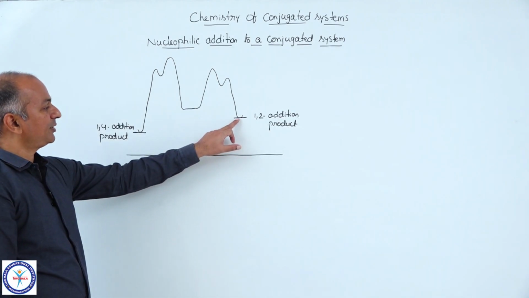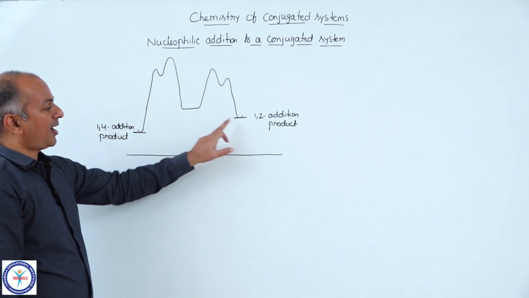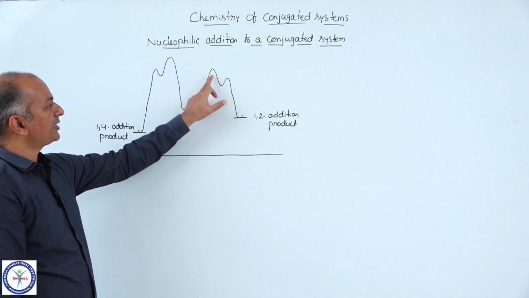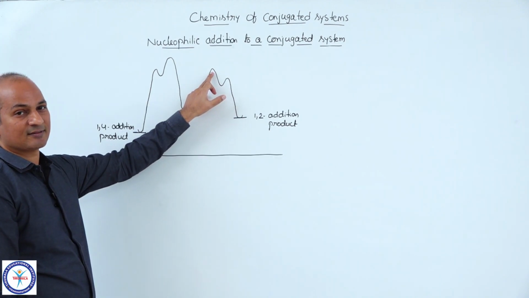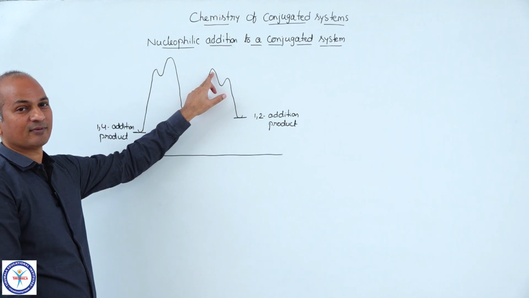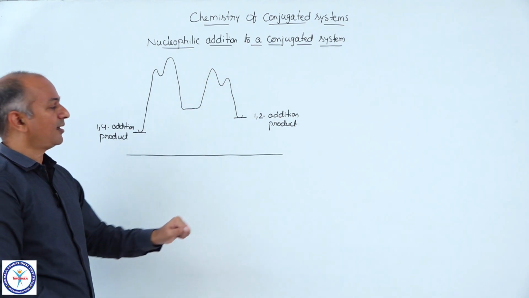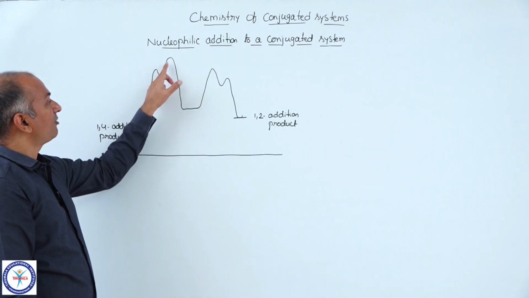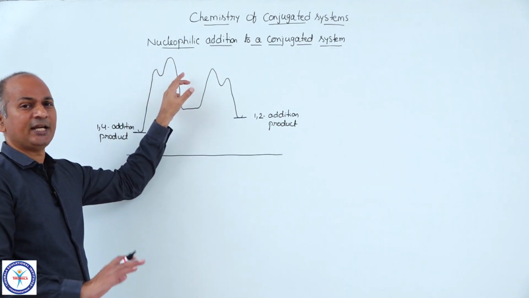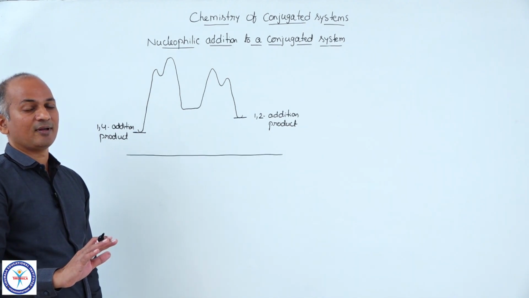Now, this is less stable, this is more stable, and the less stable product involves the path which involves lesser activation energy, more reactive. At any given temperature, that is a better, favorable path. The more stable product involves higher activation energy. At any temperature, it is less favorable.